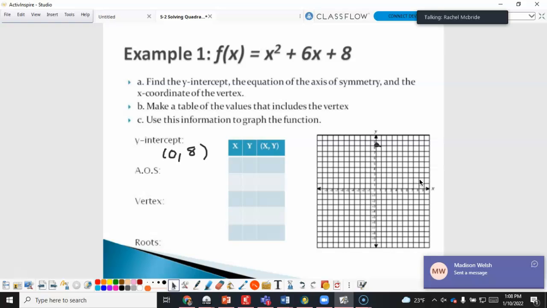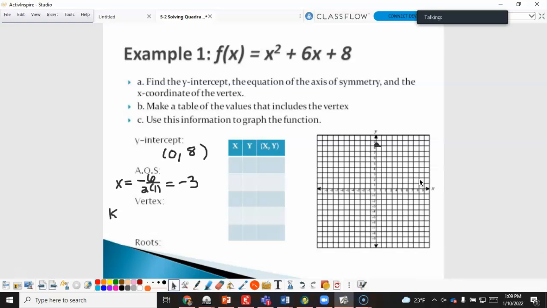So you would need to find h, which is negative b divided by 2a. So then you would plot negative 3, negative 1.